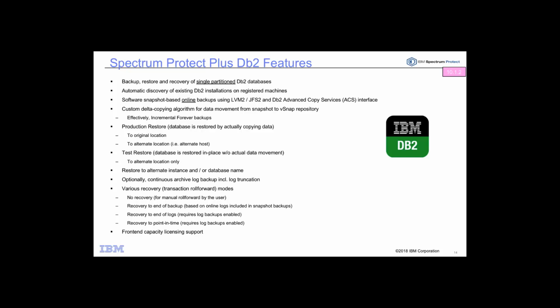A test restore lets you restore the data in place without actual data movement. So the data for the DB2 database remains on VSnap, but you can start up the database, run it, test it, do whatever you like with it.